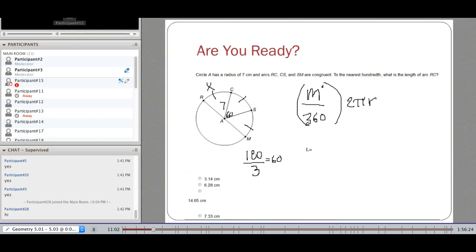So then I would have the length equals 60 divided by 360 times 2 times 7 pi.